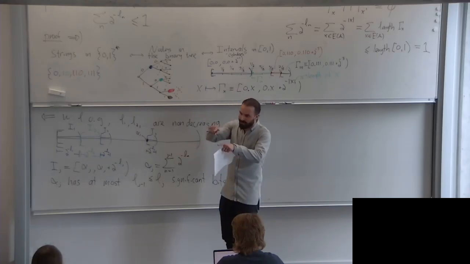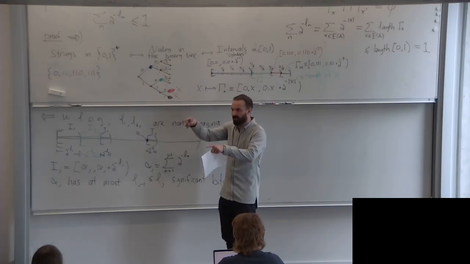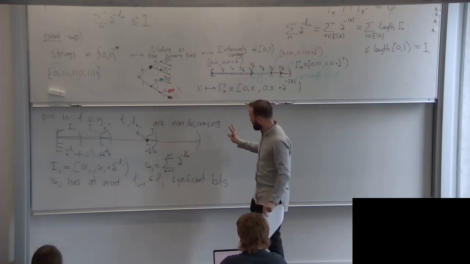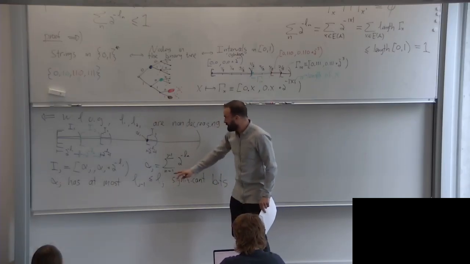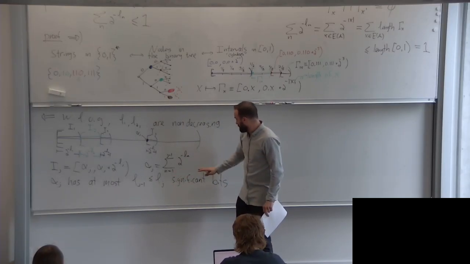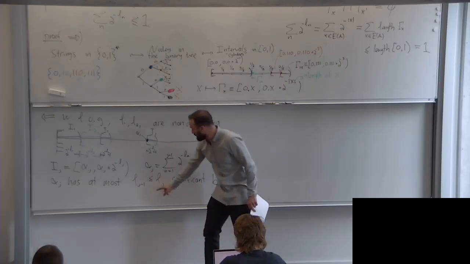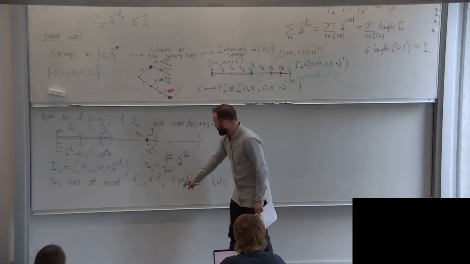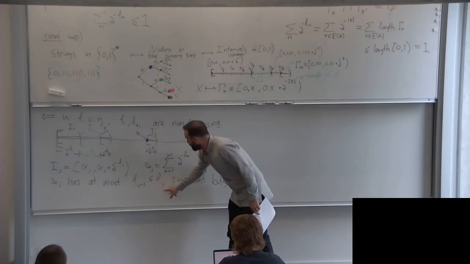Maybe I've added a 1 twice, so as you know the rule, it becomes a 0 and the 1 carries over, but that doesn't matter. What matters is that the number of significant bits is at most L(j minus 1), which is smaller than Lj.